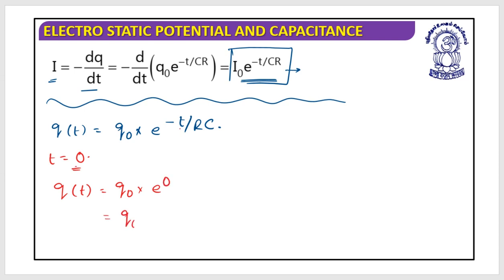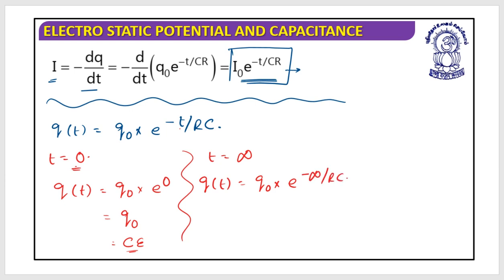This is Q naught, and Q naught means C into E. Now at t equals infinity, what would be the situation? Q of t equals Q naught into e to the power minus infinity by RC, which equals Q naught into 0, and that is 0.